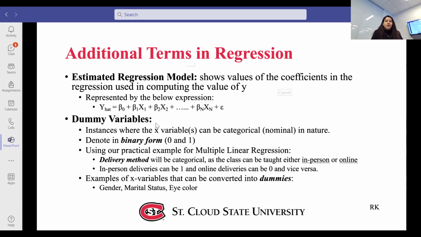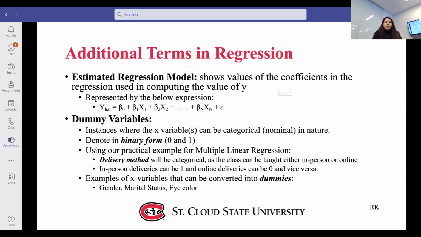Also, we have dummy variables. Normally, we use numeric data for the regression, but in case we have categorical data like gender, marital status, or eye color, we have to convert this categorical variable into a dummy variable, and then use it in the analysis. For example, if we have gender as male and female, we either use male as 1 or 0, or female as 1 or 0.